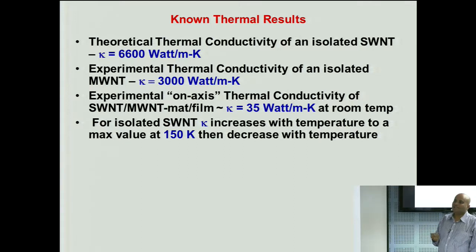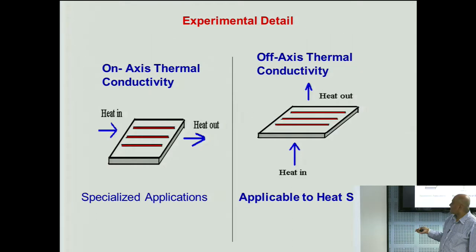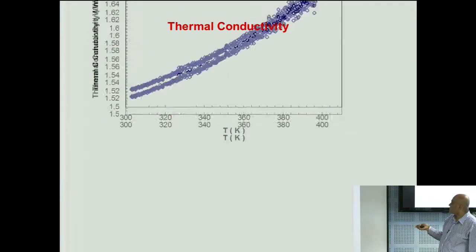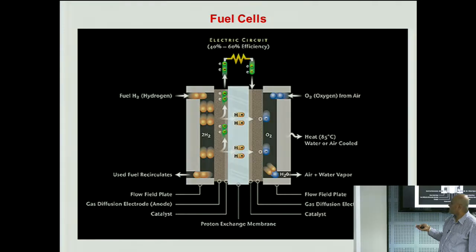Diamond is the best thermal conducting material, and diamond has a value of about 1200. So, the thermal conductivity of carbon nanotubes is a lot higher. We talked about some of my experiments on thermal properties, we will just skip those right now.